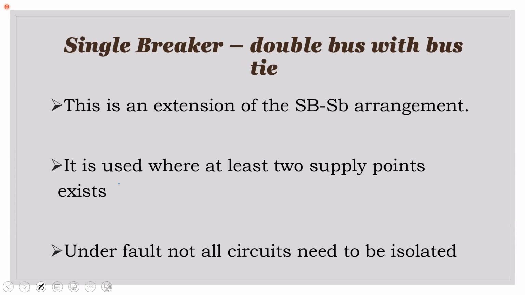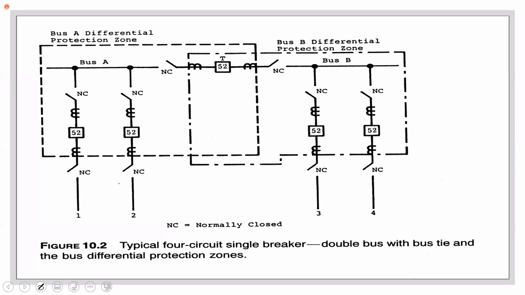However, that's not really the purpose. The purpose here is, do we have this? Yes. All right. So with a single breaker, double bus, what is he saying with the bus tie? If I have a fault, then those will open.